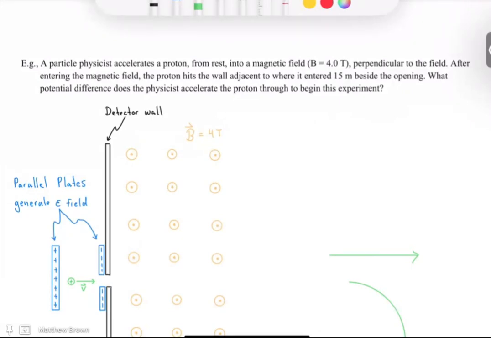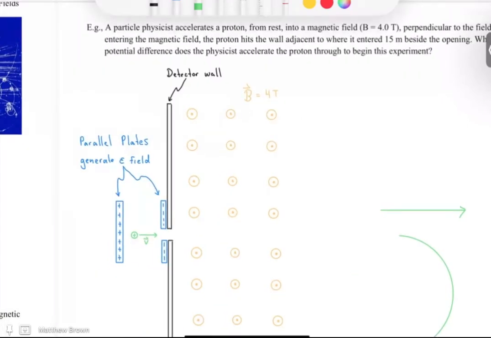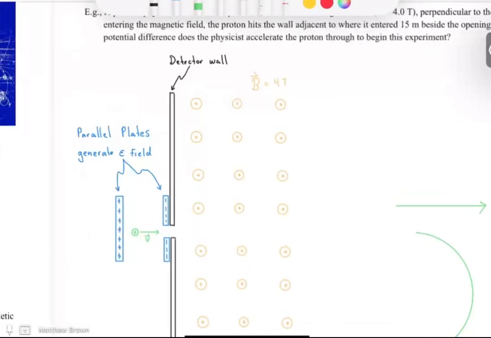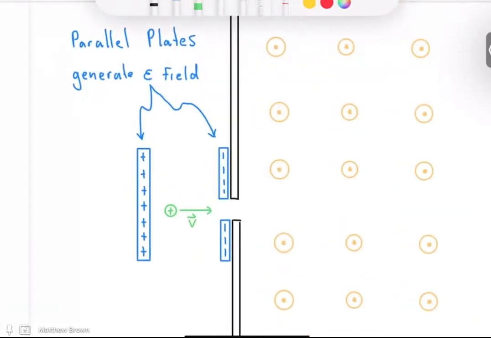Okay. So I tried to sort of draw what this looks like, and this is a really key part to solving something like this, figuring it out and noting some of this information. I'm just drawing. It's not necessarily that way, right? So this part is with the parallel plates. If you have parallel plates, you'd want to orient them that way, so that a positive charge would go to the right as I've drawn it.